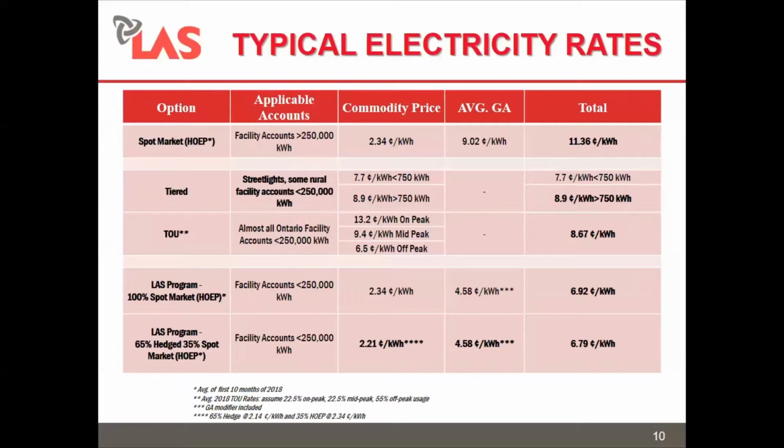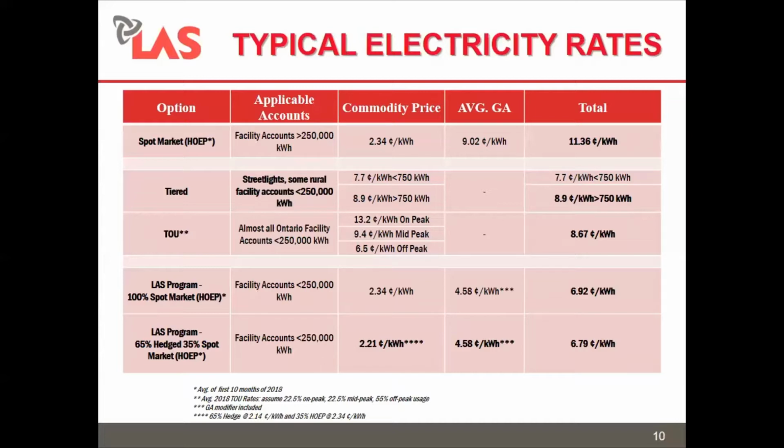So the average commodity price is 2.21, plus the GA reduced by the GA modifier, which is 4.58. So the total cost is around 6.79 for the first 10 months of this year.